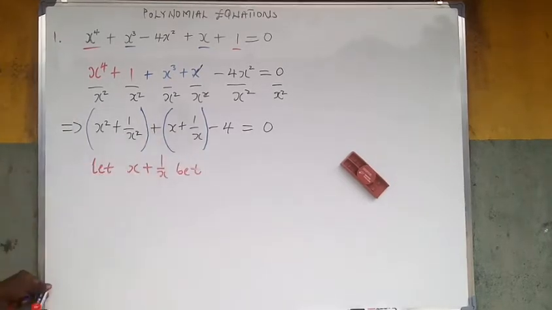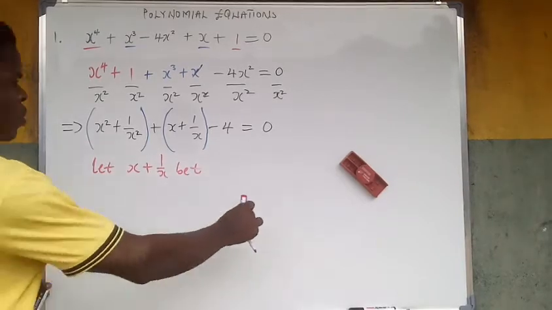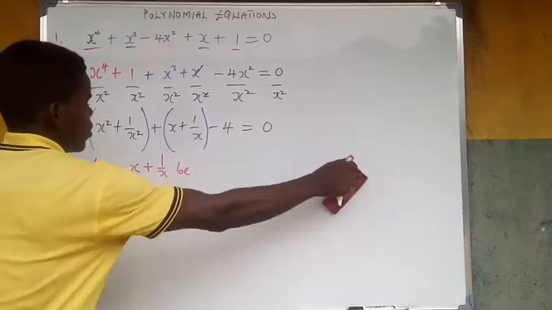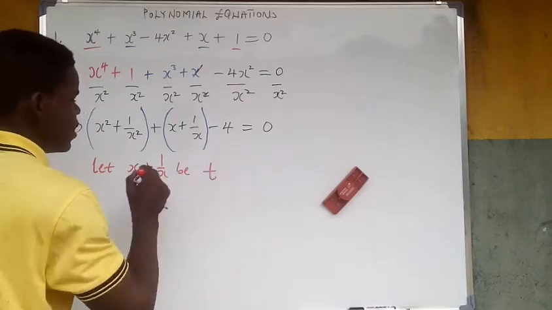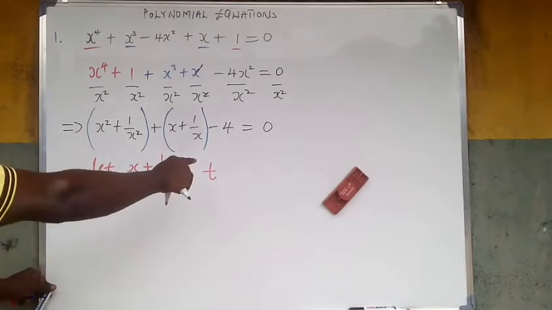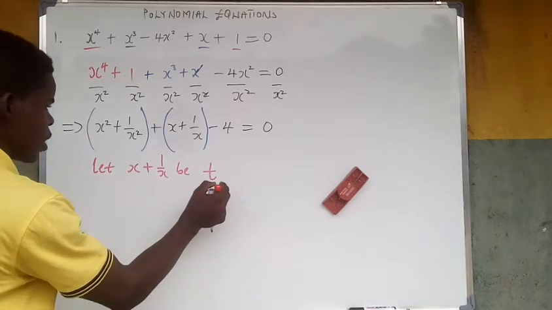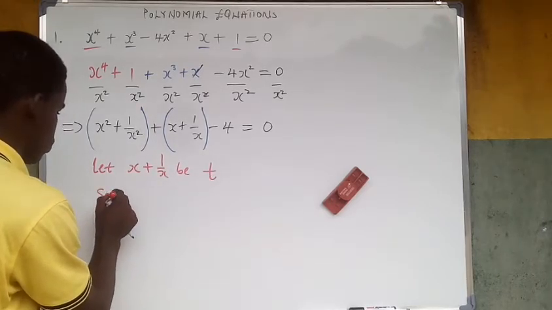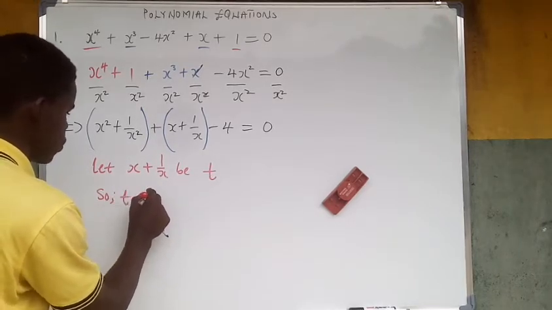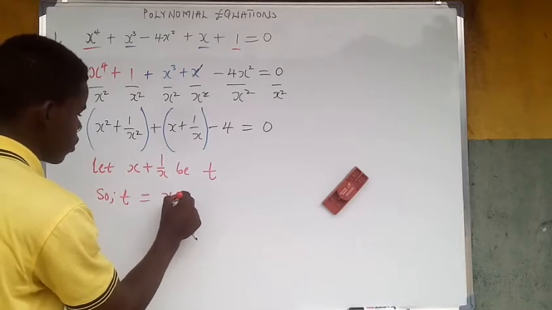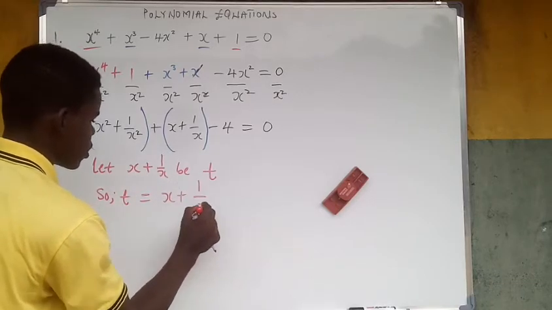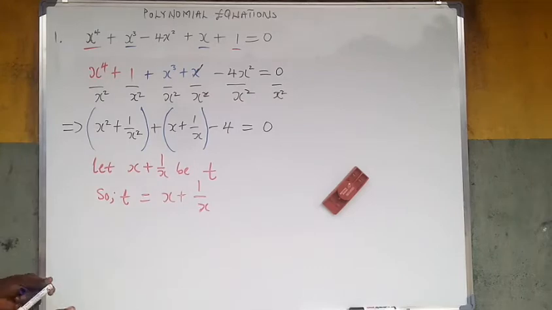Let this middle term be t. Okay. Now, if the middle term there is t, then t is equal to x plus 1 over x. Very good.